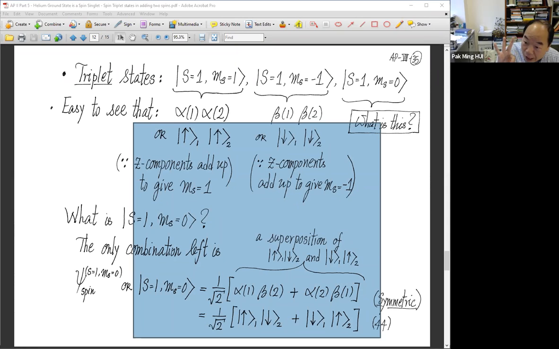There are 3 of them due to MS quantum number, okay? So this one is +1, this one is -1, this one is 0. But the property is that this triplet class, all 3 are symmetric.